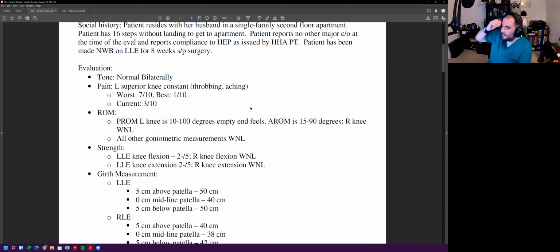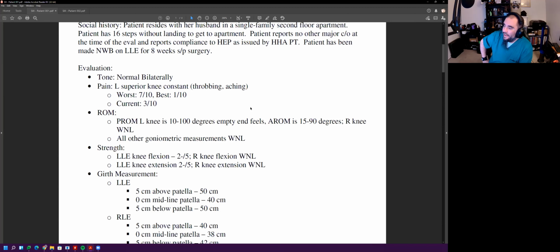Good, right? And the question I've gotten here before is, well, Mr. McKeever, she's non-weight bearing. How did you have her actively contract her knee? I've had that before. And I'm like, well, she's not contracting the knee in a weight bearing stance. We're actually just measuring her range of motion. So she's not weight bearing on it at that time. All other goniometric measurements within normal limits means her hip's okay, her ankle's okay, stuff like that.